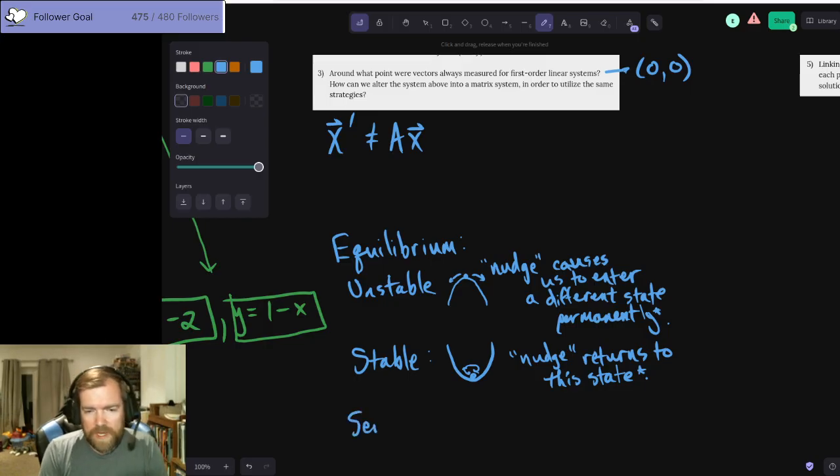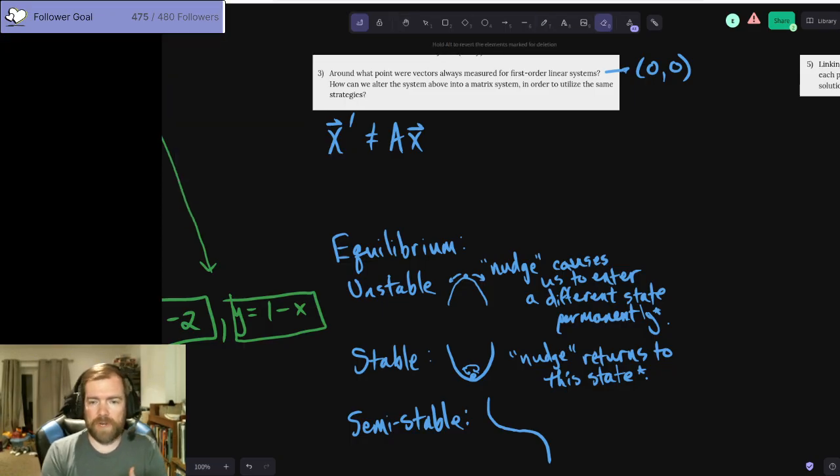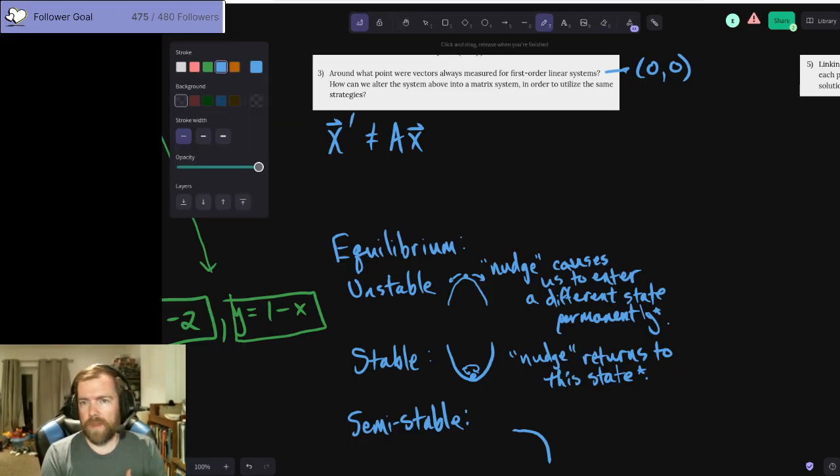And then we have a semi-stable equilibrium, where a nudge in one direction will cause it to return back to its current state, whereas a nudge in the opposite direction will cause it to fall away. One example of this might be a dam system on a river.